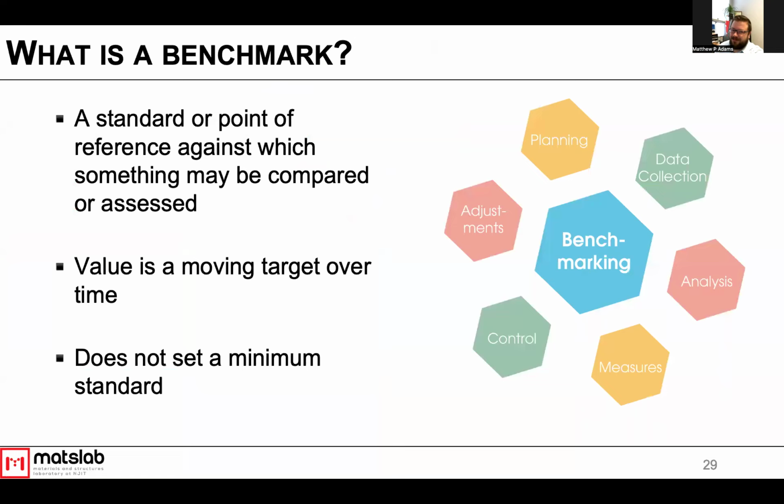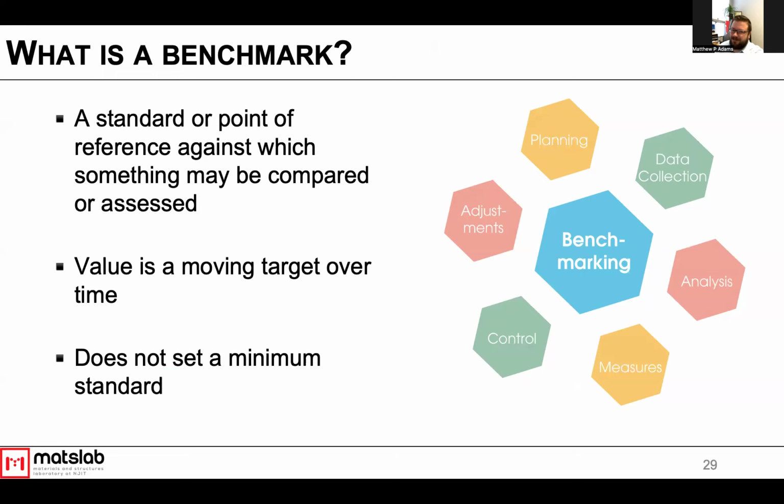So again, what is a benchmark? I've used this word a number of times. A benchmark really is a standard or point of reference against which something can be compared. So in terms of GWP, this is going to be an average global warming potential of the concrete that we're making today, right? We want to know what is the normalized GWP for us today. That value is going to be a moving target over time, right?